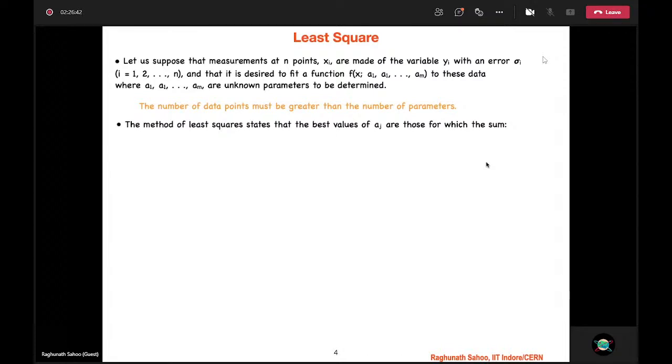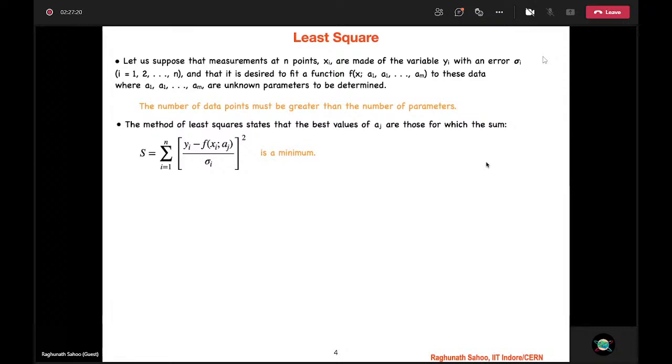So the method of least squares states that the best values of aj, these parameters, are those for which the sum S, which I define as the sum over i from 1 to n of (yi minus f(xi; aj)) divided by sigma_i, the whole squared, is a minimum. Here yi is your measurement corresponding to xi, minus the theoretical formula which you want to fit, evaluated at xi using the parameters aj, divided by sigma_i, the error on that xi measurement.